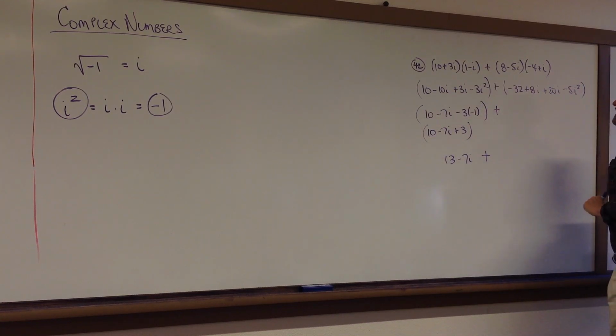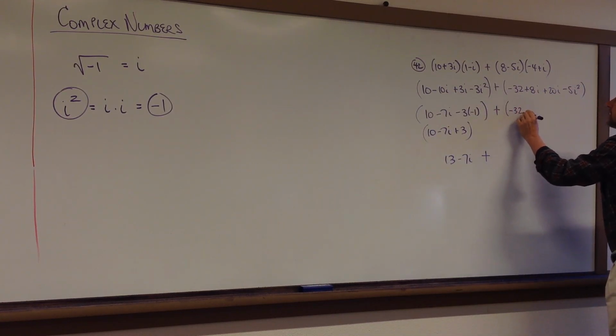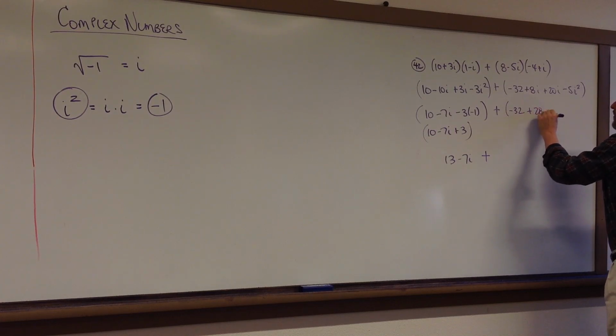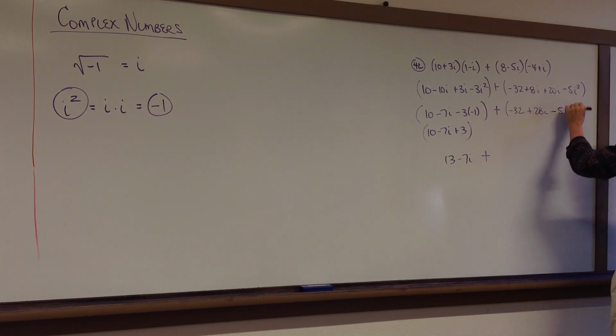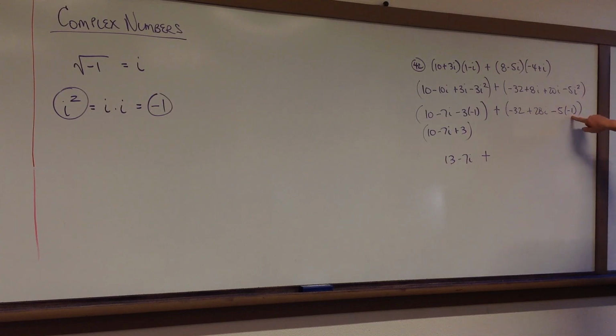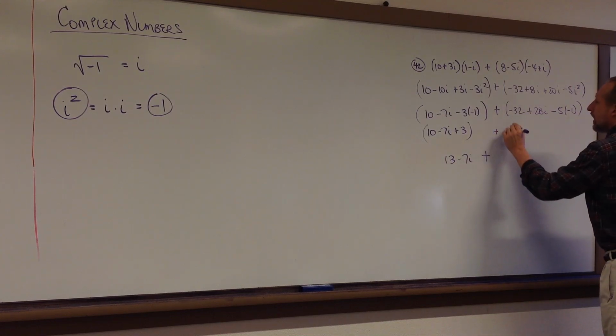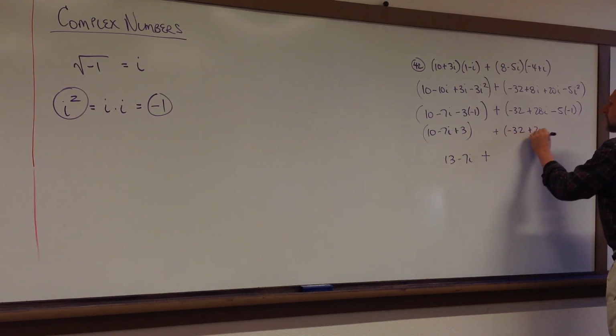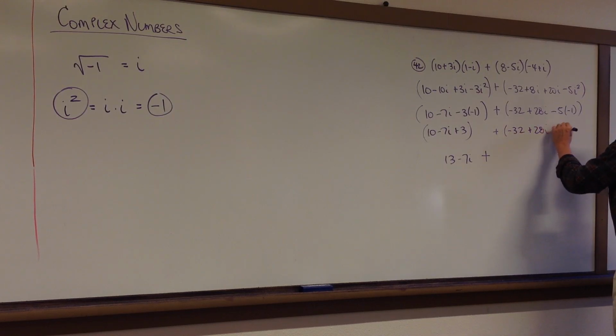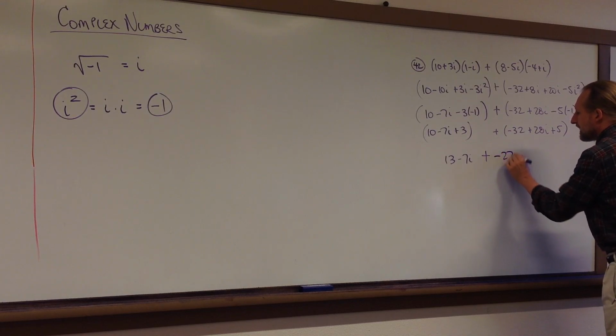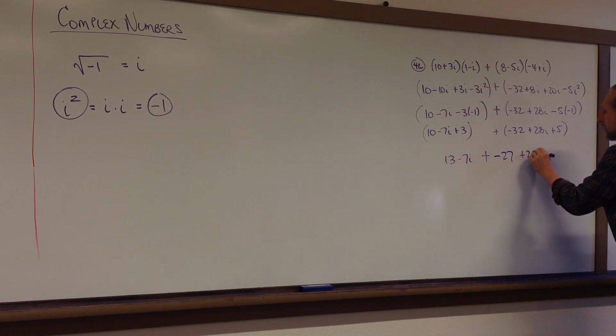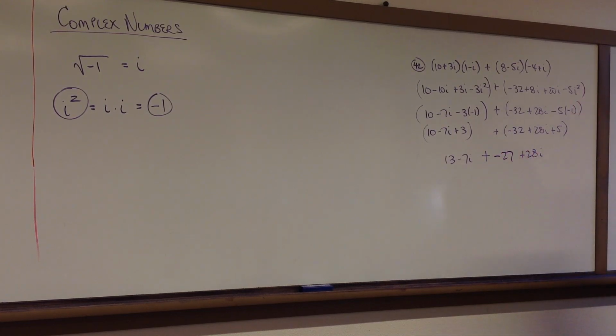In here, let's see, what do we get? Negative 32 plus 28i, and then replace that i squared with a negative 1. So this will be negative 32 plus 28i plus 5. So the negative 32 and the plus 5 make negative 27 plus 28i.